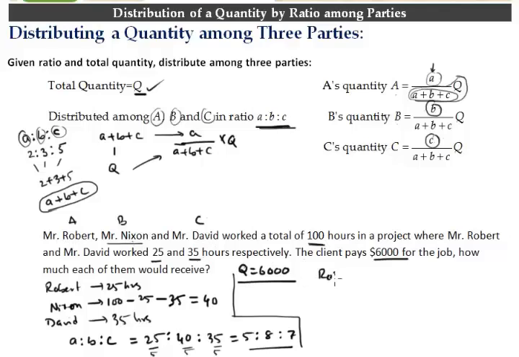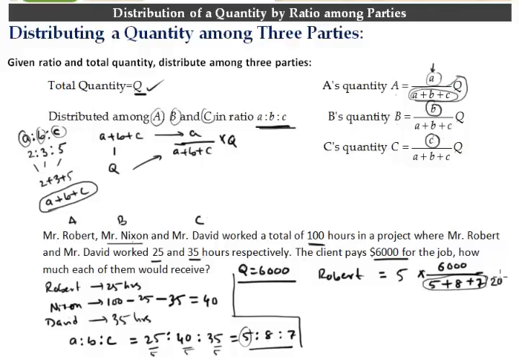So Mr. Robert's pay will be the total quantity divided by the summation of these three ratios, that means 5 plus 8 plus 7, times Mr. Robert's corresponding ratio, which is 5. 5 plus 8 is 13, 13 plus 7 is 20.